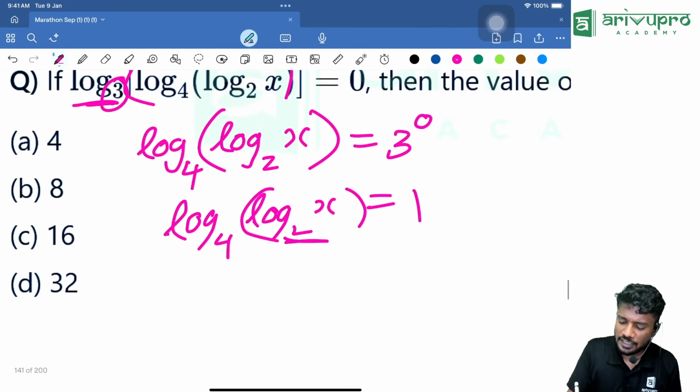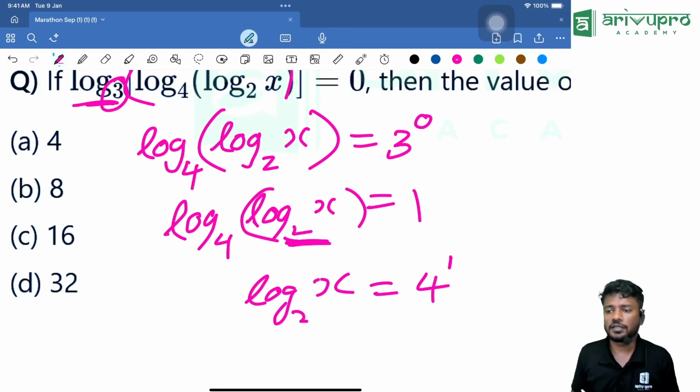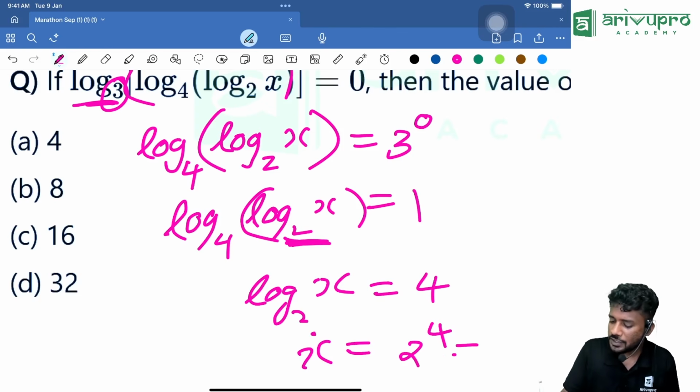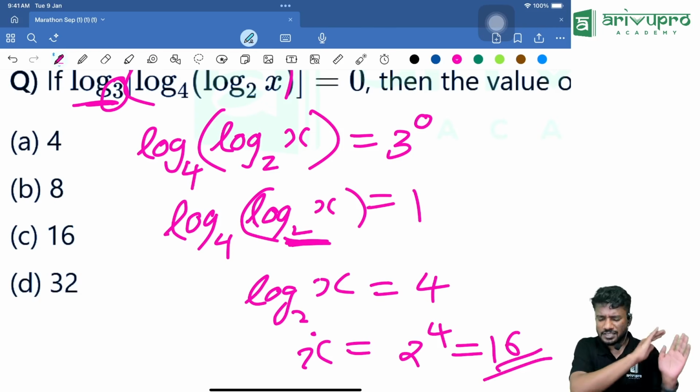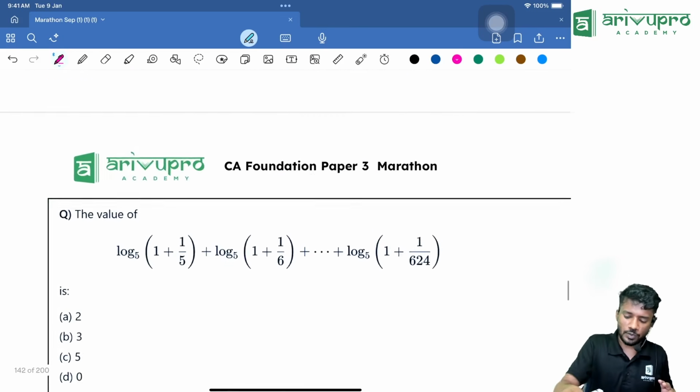Now, if you are finding this log x to the base 2, that means the value inside we are finding, can I write it as 4 raised to 1? Yes, that is equal to 4. That means x is equal to 2 power 4, which is equal to 16. Just a chain reaction kind of thing. That's all. Done. Next one, next one, next one.